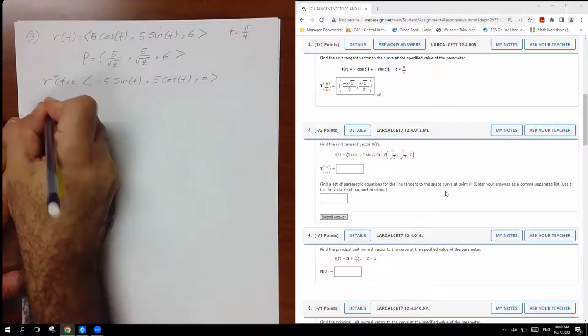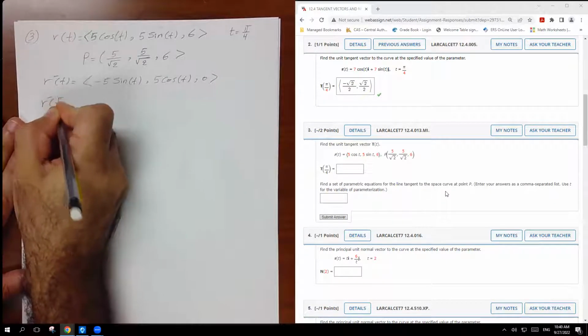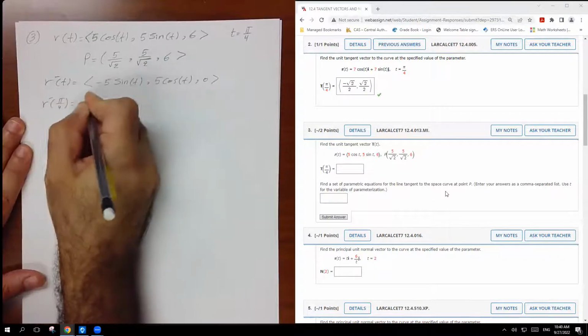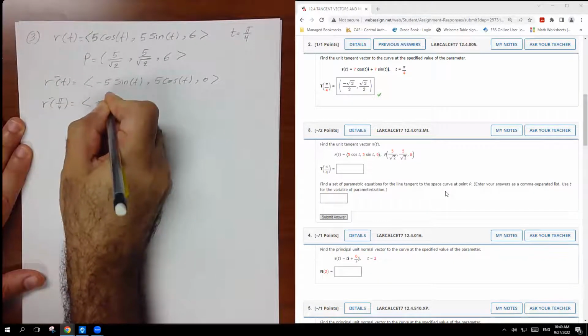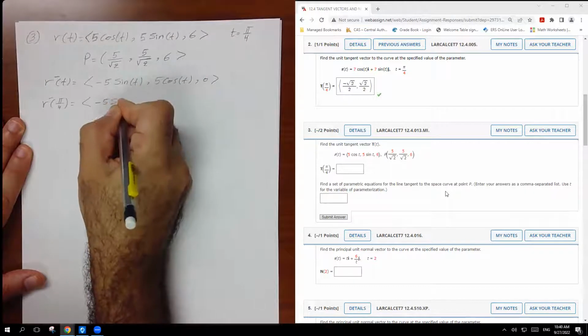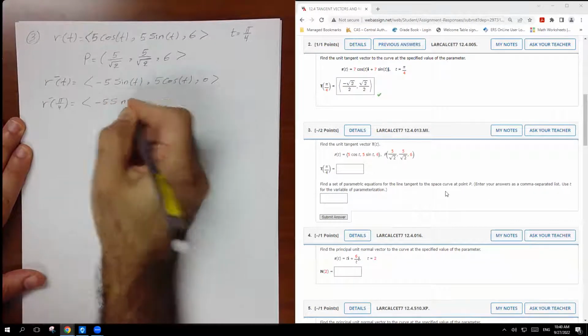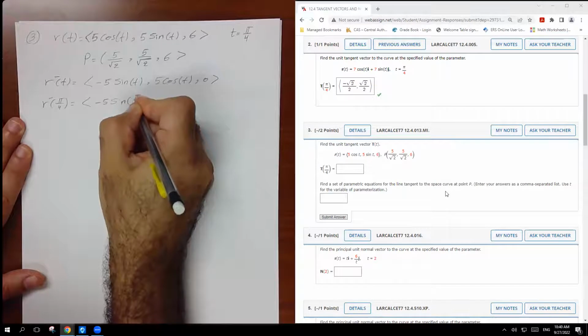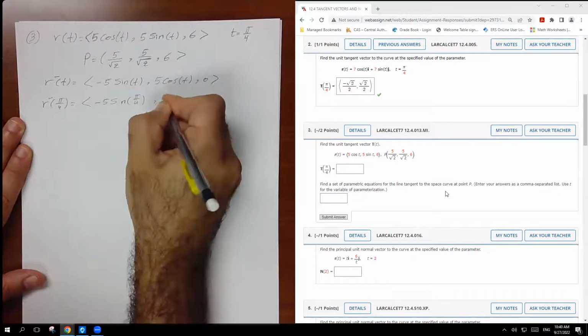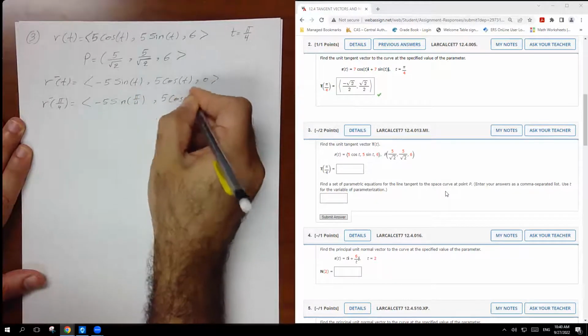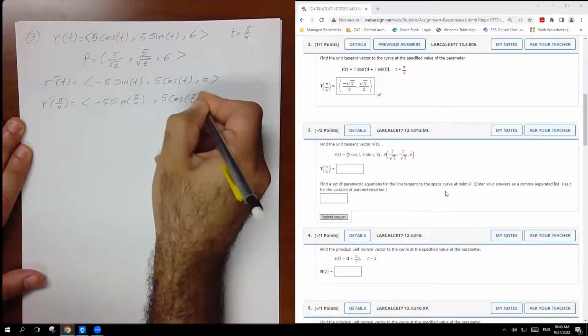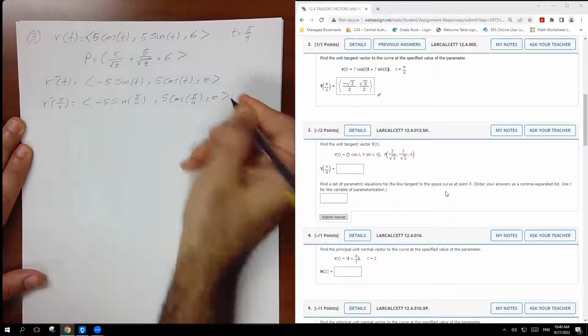So r prime of pi over 4 is going to be negative 5 sine pi over 4 and 5 cosine pi over 4 with the 0.